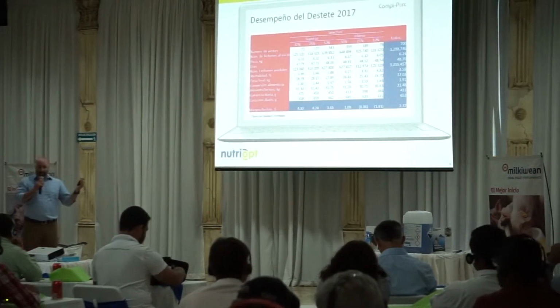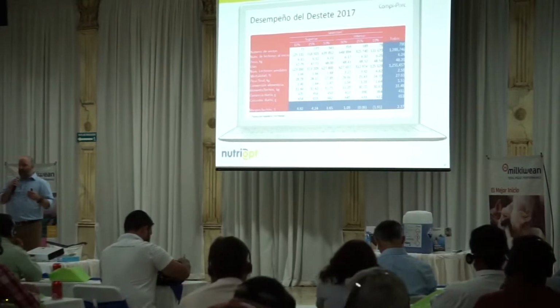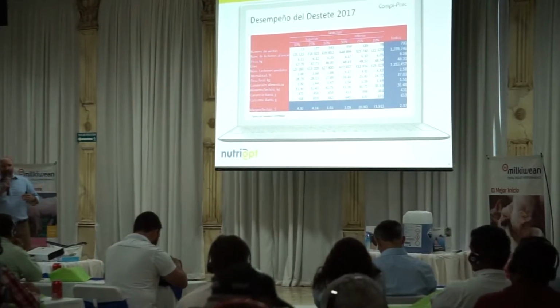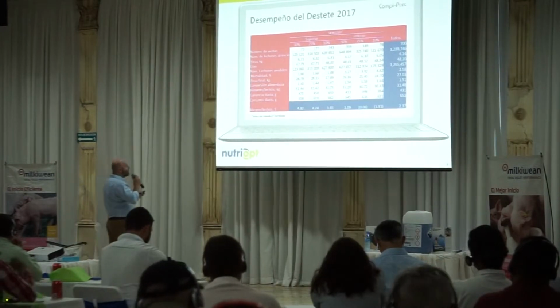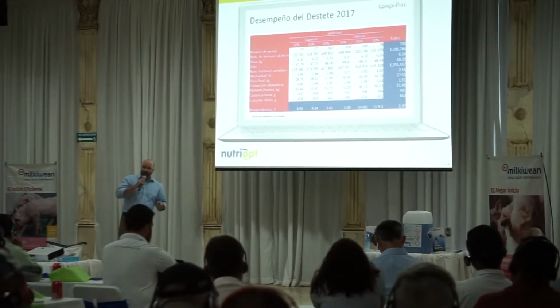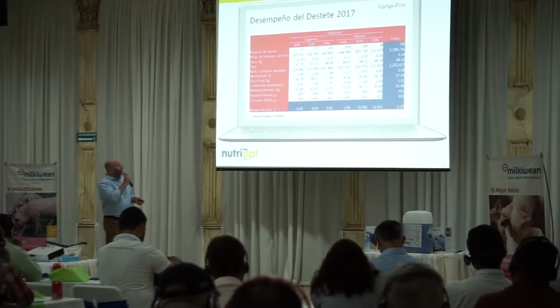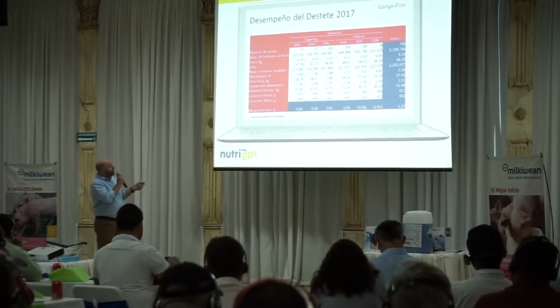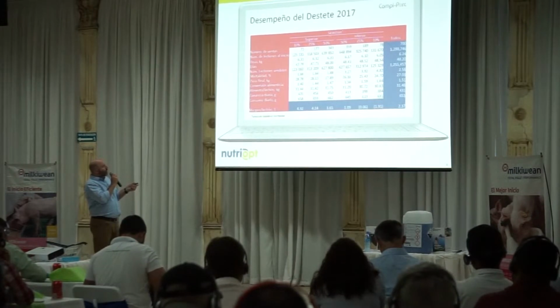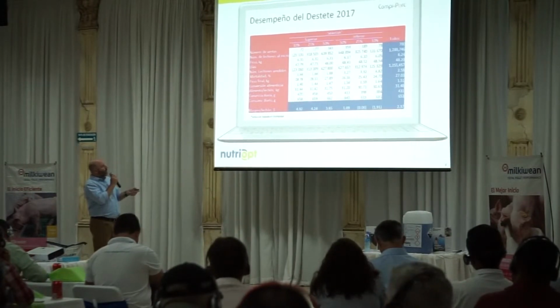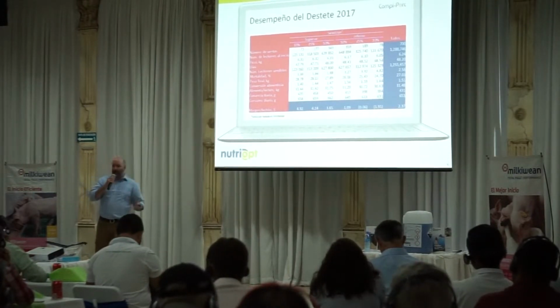So with benchmarking, these are some real examples of the program that we use and the metrics that we measure to feed into the model and help make the best decisions possible. So you can see here that it can be categorized as the good, the bad, or the total of that herd.